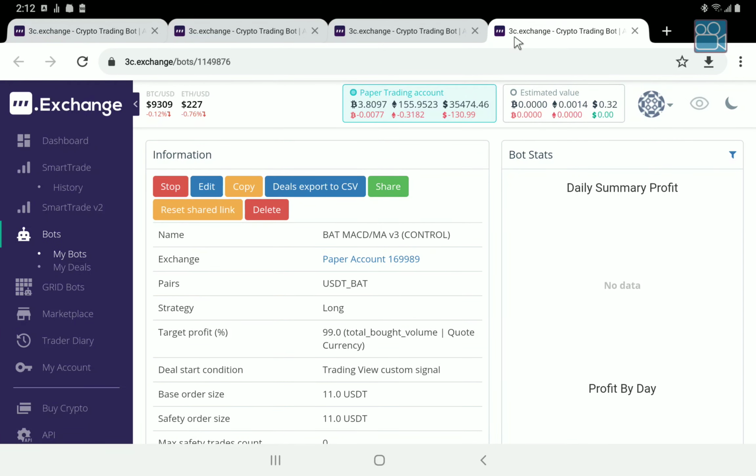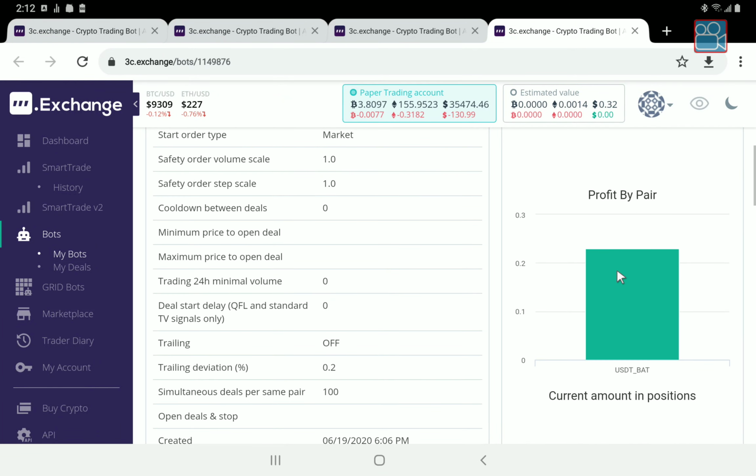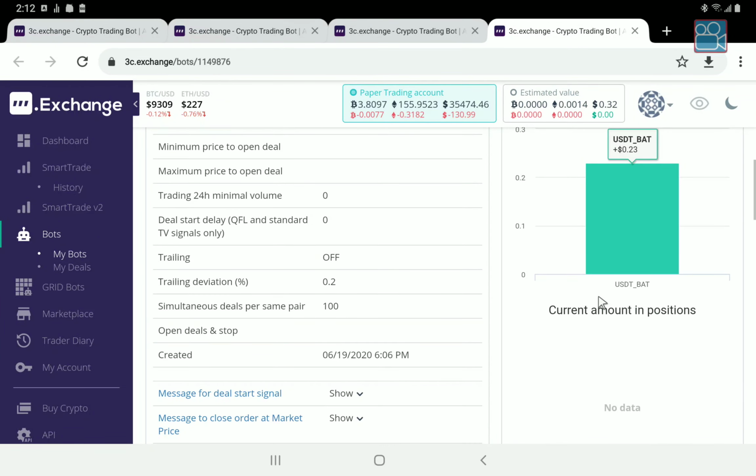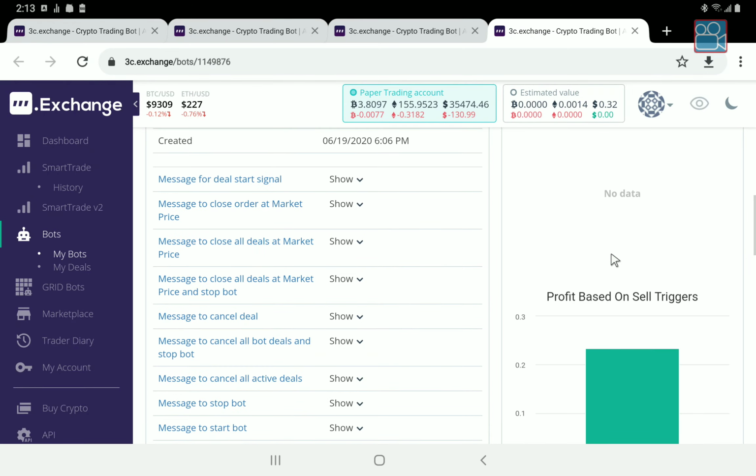Version 3, my control, it's been running less than 24 hours, but still it has taken on 23 cents profit. This is the one that uses the inverted signal methodology. Not bad. First day, first profit. We'll see how it does. This is actually right now sitting pretty much where version 1 is in terms of profit.